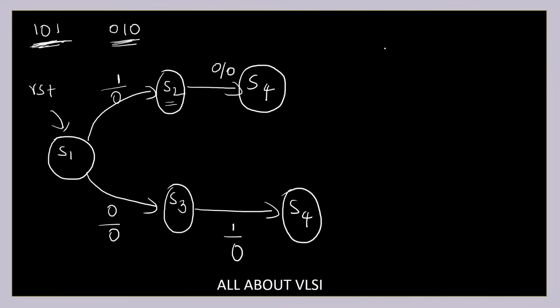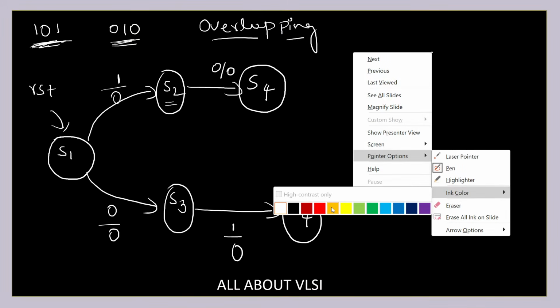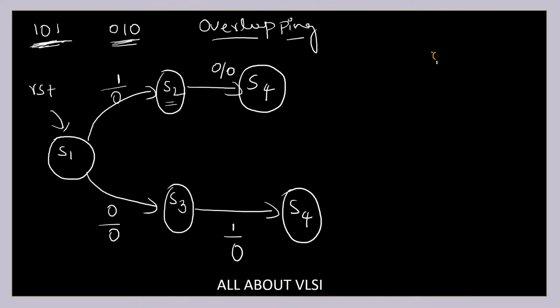Now the thing is we are developing an overlapping sequence. So we need to be a little bit careful over here. Now let's first see 101. So in 10, I'm in my S4 state and I've got 10. Let's say if I've got one more 0, which state should I go to? In my S4 state, if I got 0, which particular state should I go to?